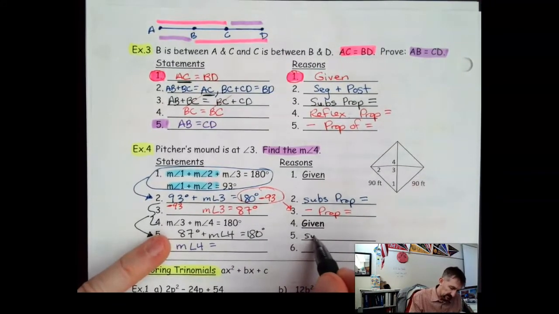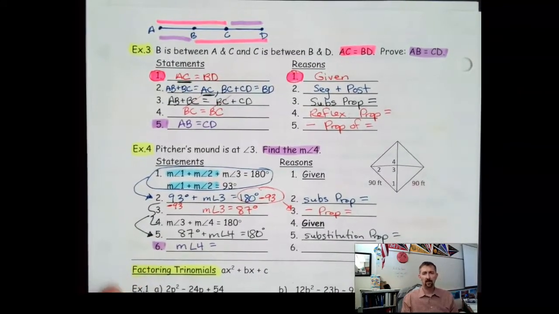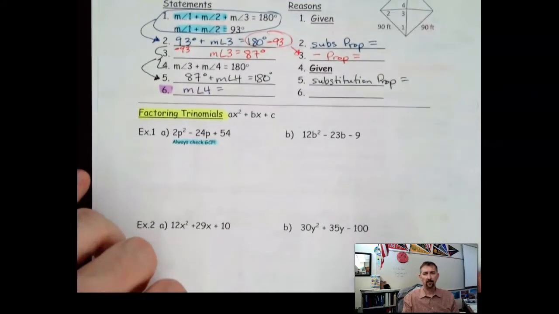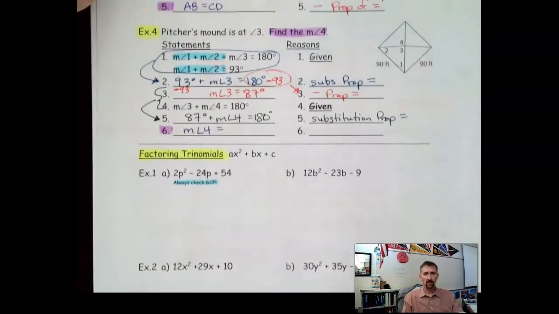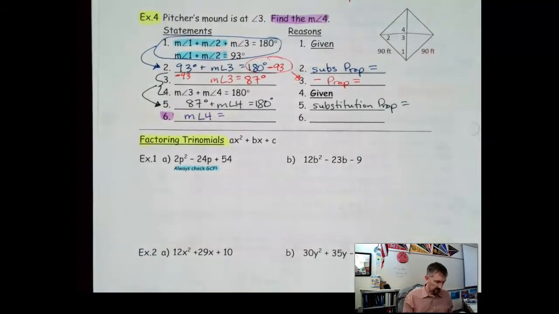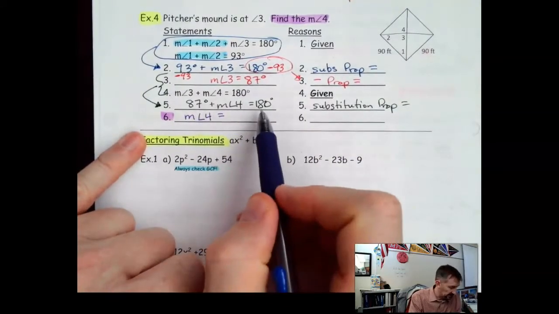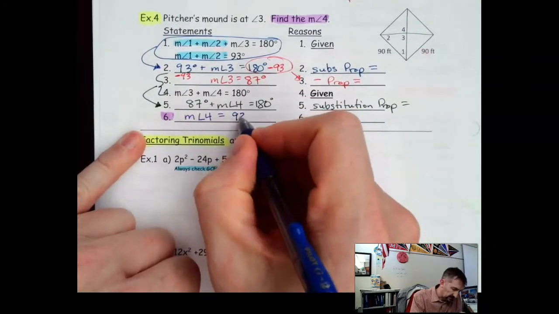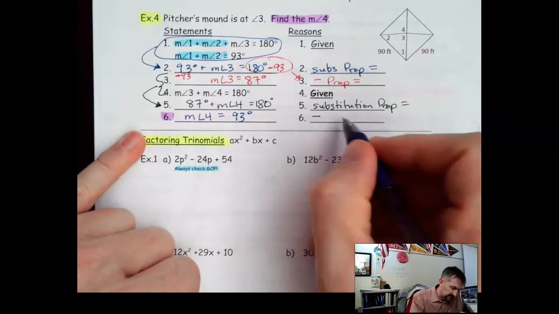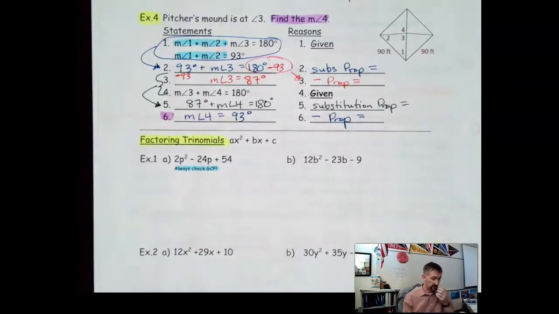So again, that's the substitution property of equality, same as that. I just wrote it out instead. All right, now we're almost done here. We just need to subtract 87 from both sides. So that's going to be 93 degrees, and that was the subtraction property of equality again.